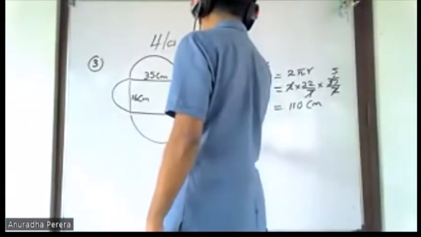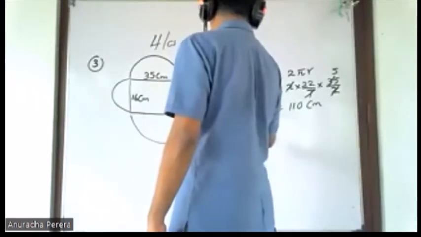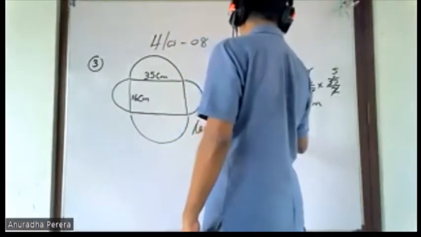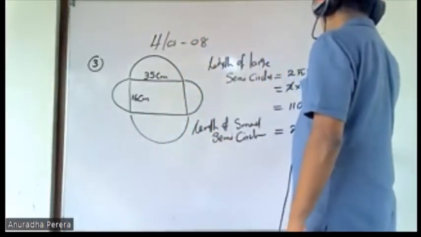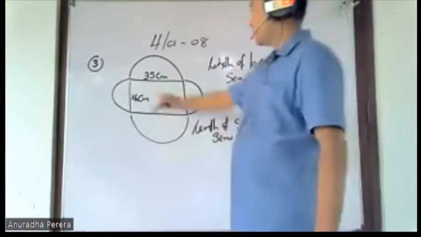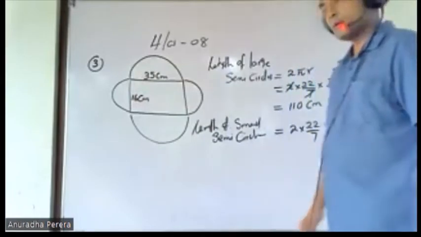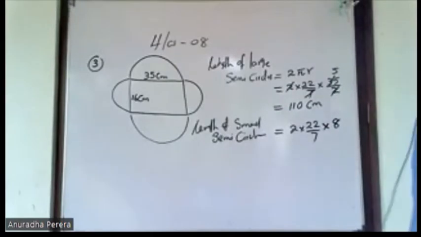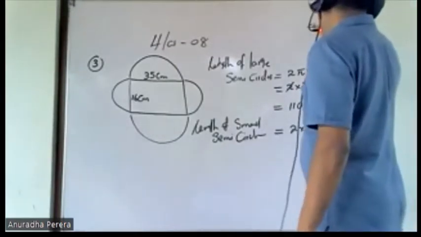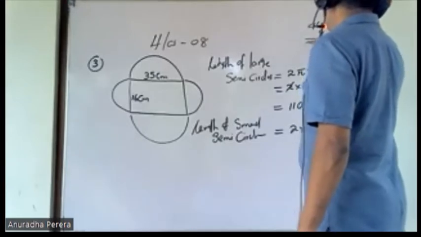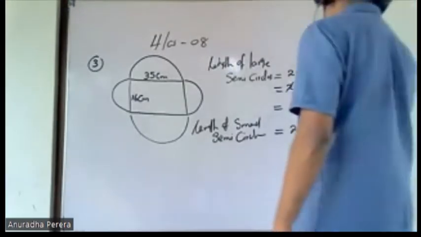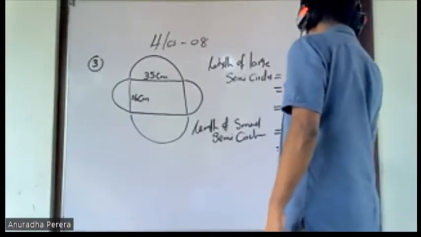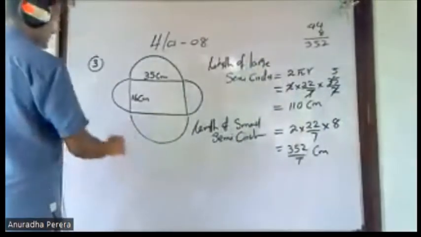The length of the small semicircle. The radius is 8. 44 into 8. 352/7. You can represent it as a decimal number.